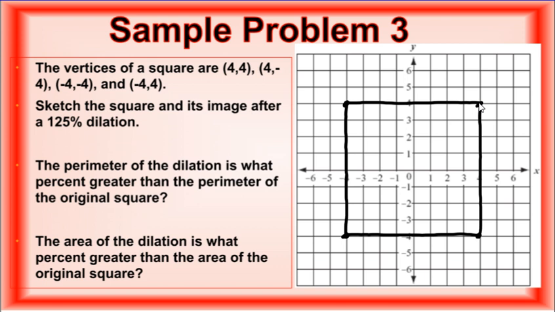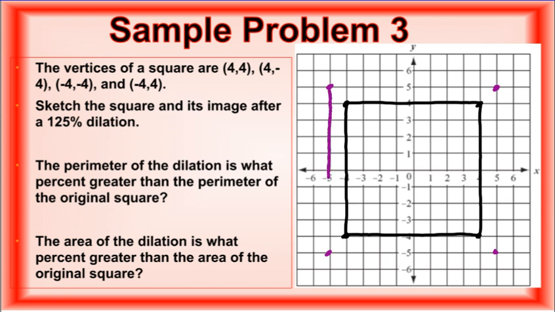We multiply each dimension by 125%. So if I did 4 times 1.25, because 1.25 is 125%, I would get 5. So if I were to put my points down, I would have (-5, 5), (5, 5), and so on.